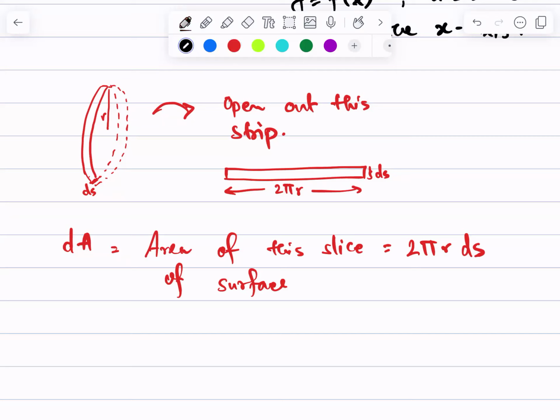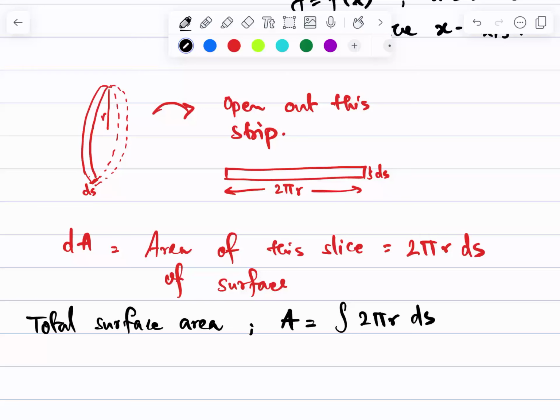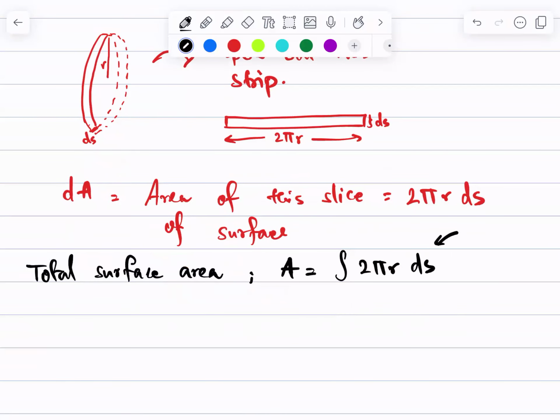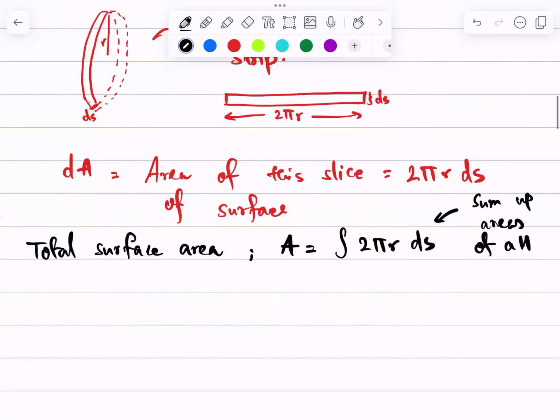And now the total surface area would be the integration of 2 pi r ds, right? This will basically sum up the areas of all these slices. Okay, cool.